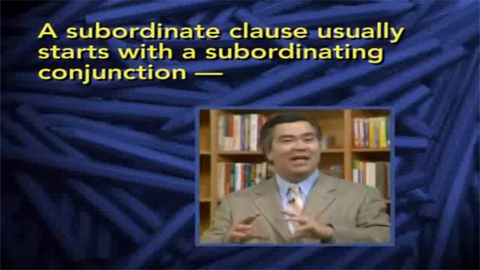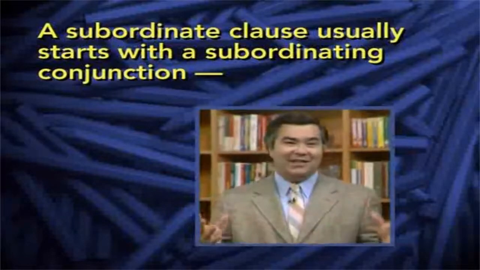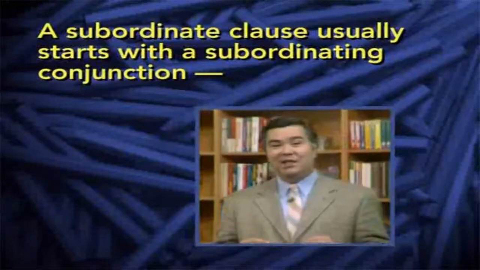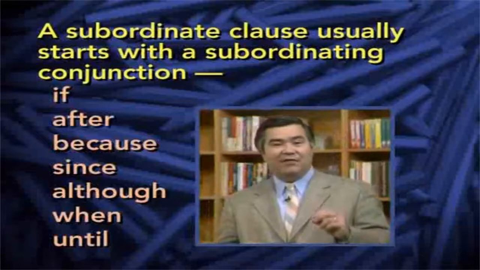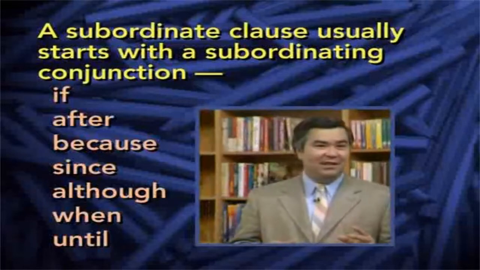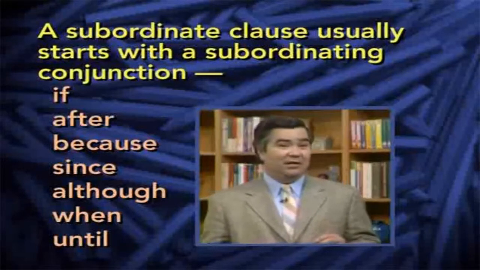Because the subordinating conjunction is present, the subordinate clause can't stand alone as a sentence. Here are some examples of subordinating conjunctions: if, after, because, since, although, when, until.